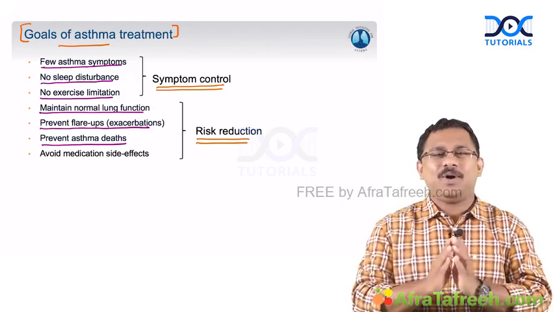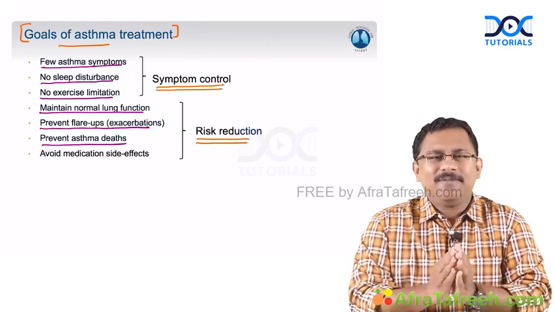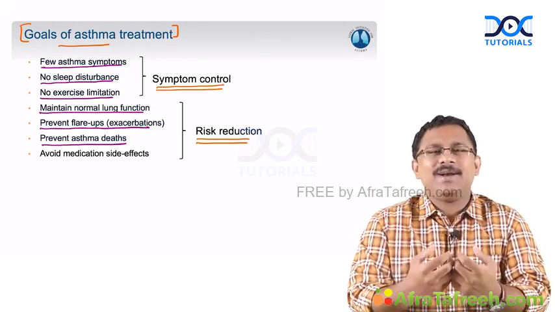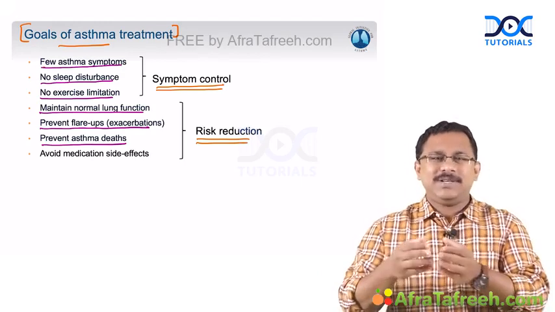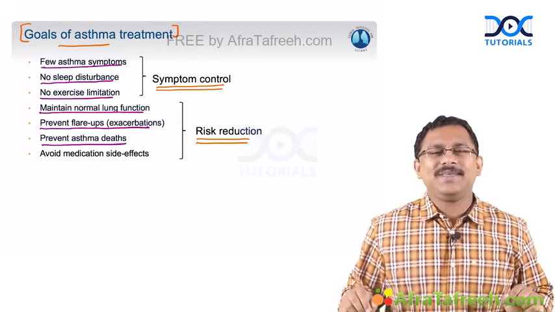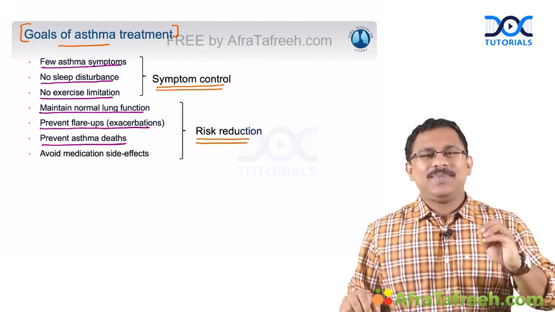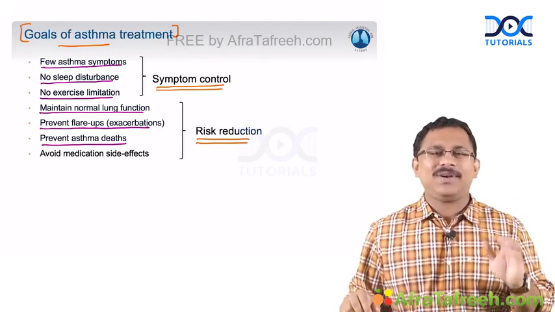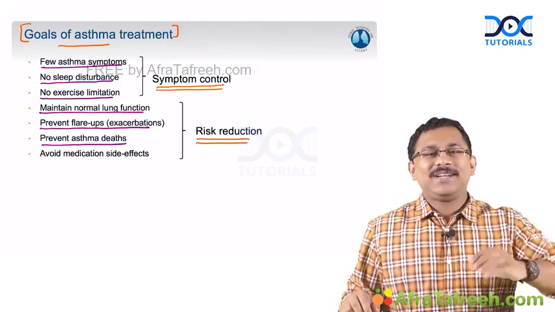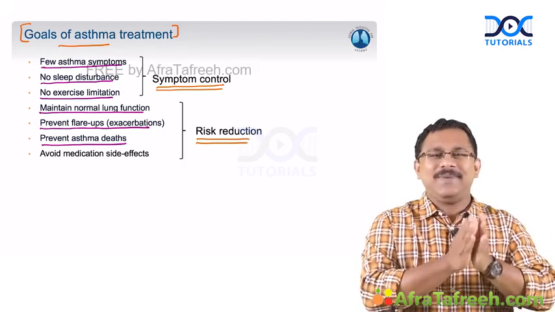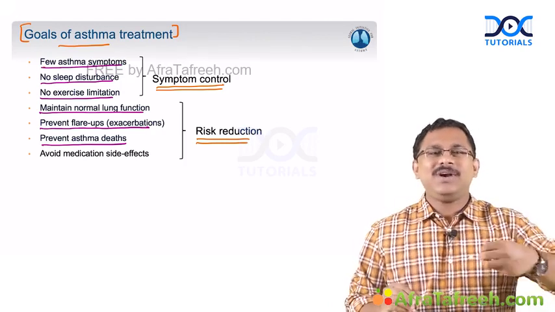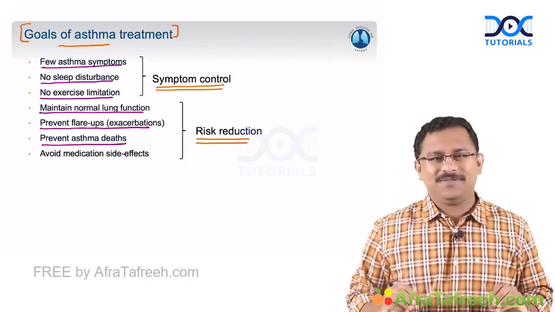Now this is again important because asthma is a very easily treatable condition, except for a few varieties of asthma which are slightly difficult to treat. Otherwise, it is definitely amenable to treatment, and there should not be a scenario where you have been careless in the management of asthma, because only then it can lead on to the death of the patient.